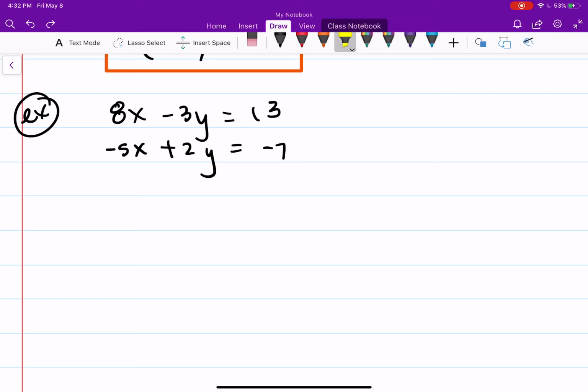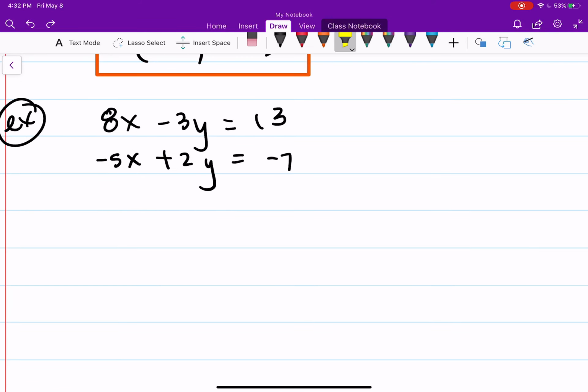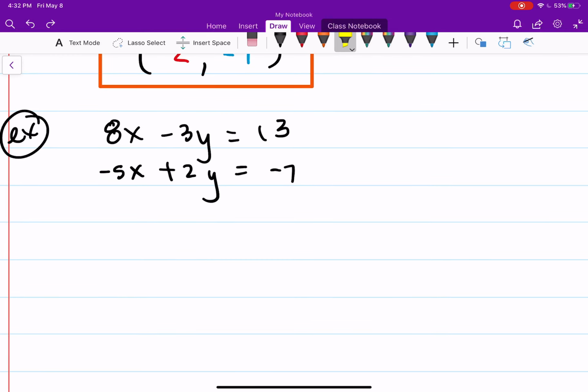Okay, so you have to decide if you want to get rid of x's or y's. The other one I got rid of y's, so let's say this time I get rid of x's. What can 5 and 8 both go into? The answer is 40. So I'm going to multiply the top one by 5 and the bottom one by 8.